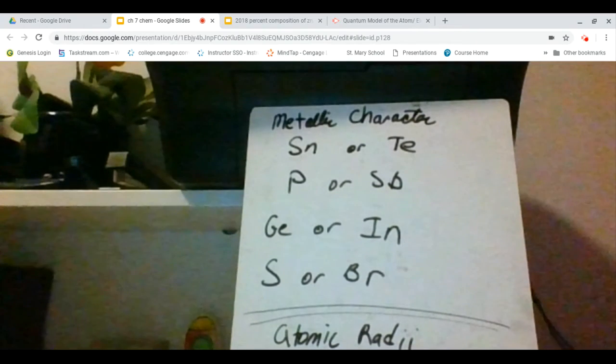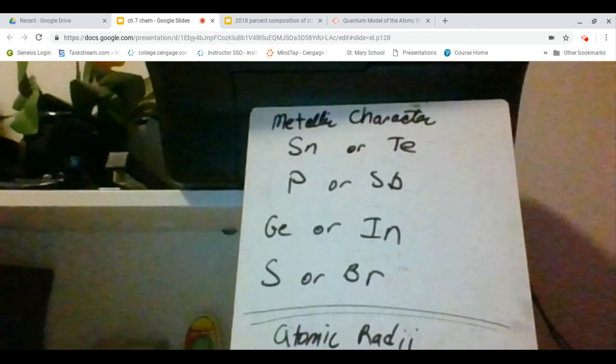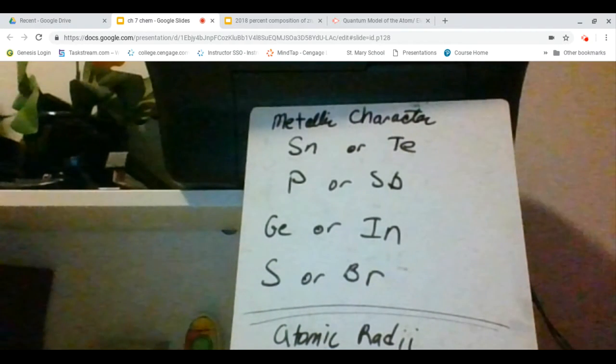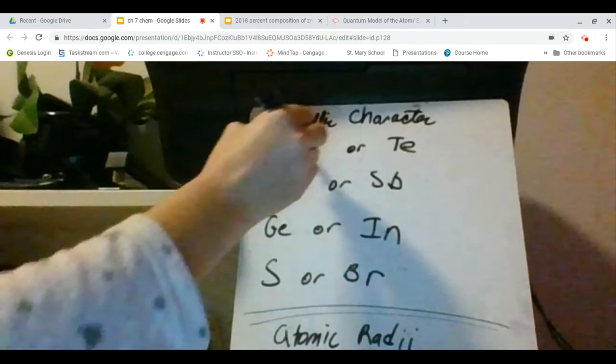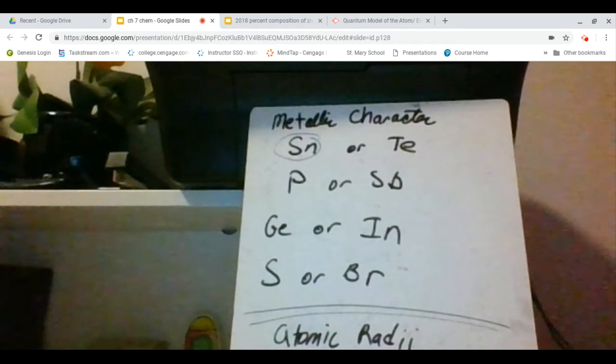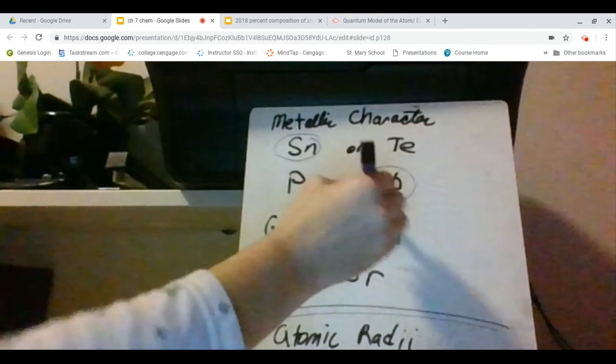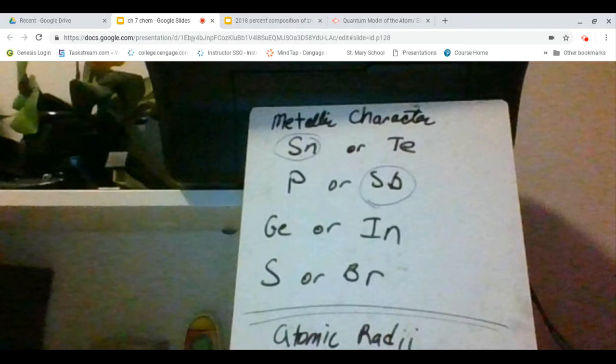Okay, which one has more metallic character? Tin or tellurium? Well, if you look, tin is closer to the metals, so therefore tin has more metallic character. Phosphorus or antimony? Antimony, because as we move down the periodic table, it increases in metallic character. Germanium or indium?